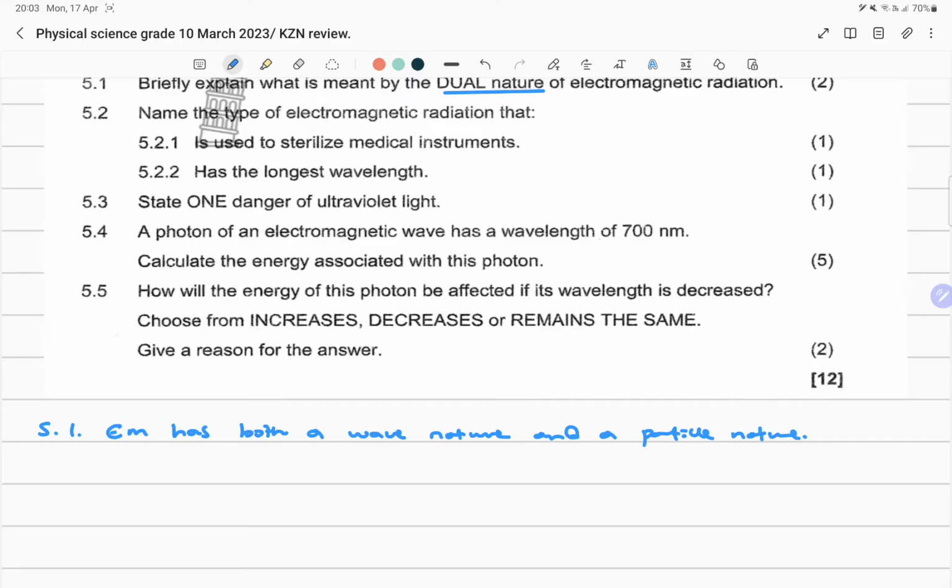Anyhow, all you needed to know is the wave nature, meaning it has all the properties of a wave. Those interference patterns, refraction, reflection, diffraction, you name them, depending on the type of wave, of course.